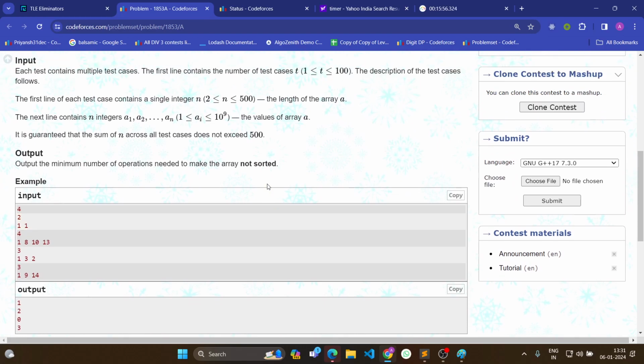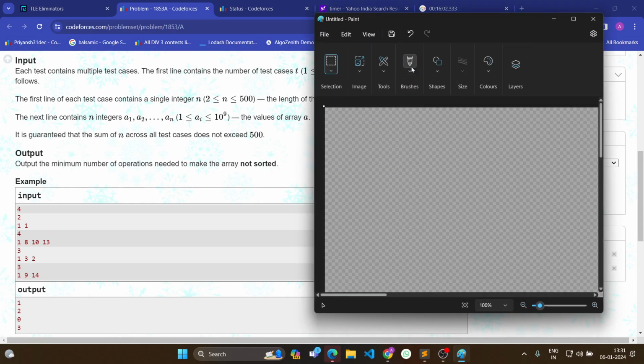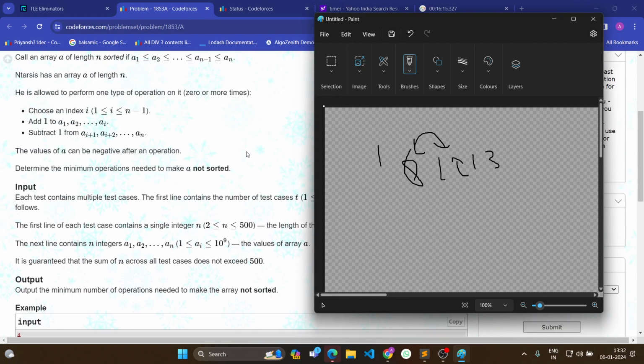Again, what this means is I have an array A, which is let's say 1, 8, 10, and 13, and now I want to make it not sorted. From here I'm decreasing, and from here I'm increasing.